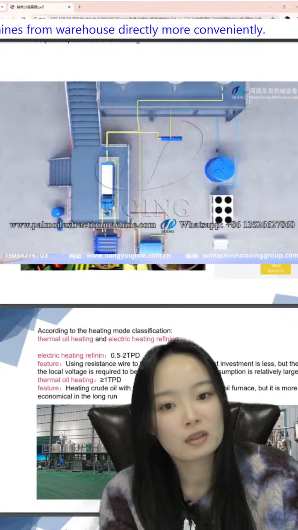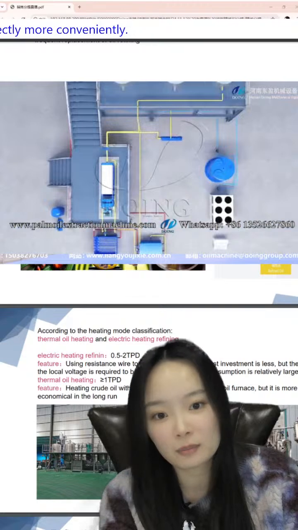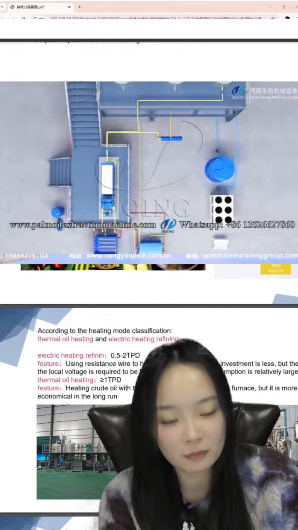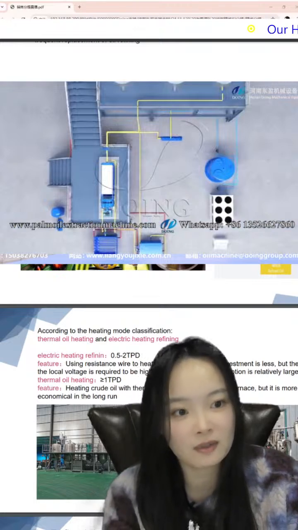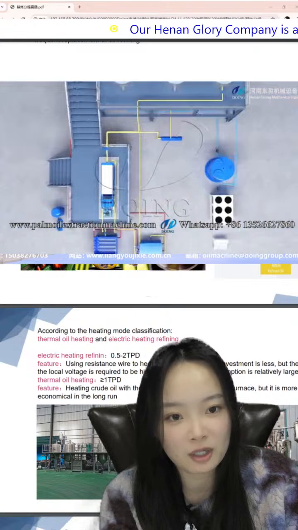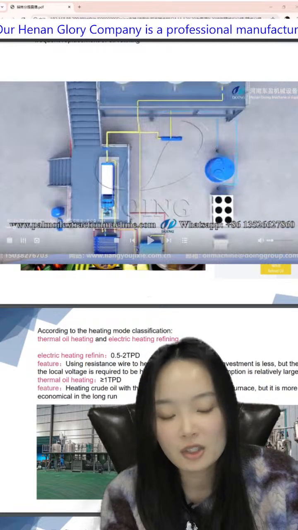The thermal oil heating is for more than 1 ton per day. If your capacity is more than 2 tons per day, I will recommend you the thermal oil heating, because heating crude oil with thermal oil requires a thermal oil furnace, but it is more economical in the long run. You can see the picture.